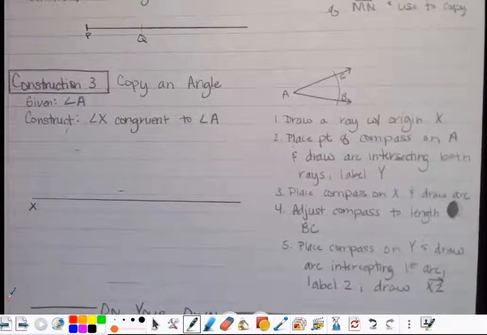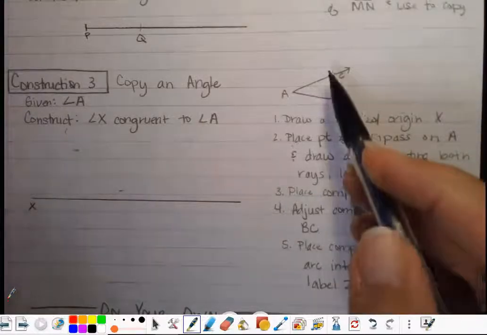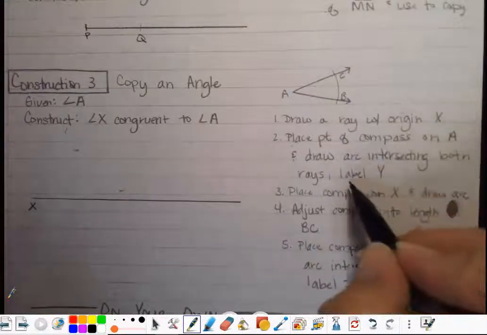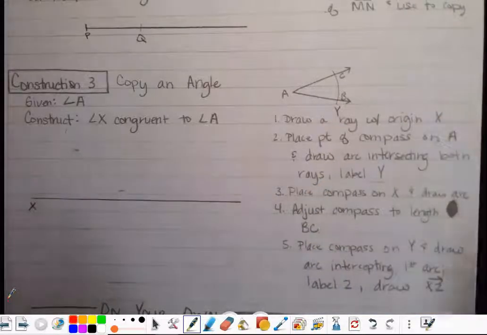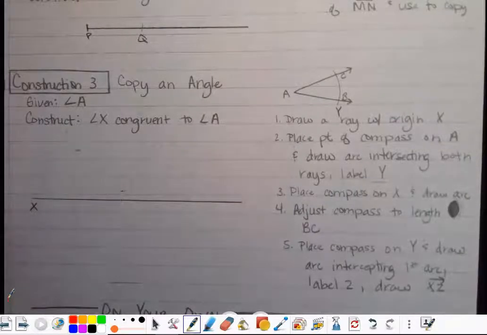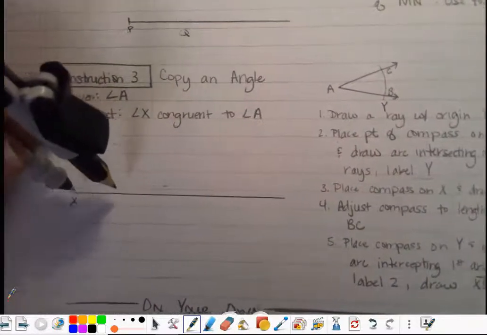Do you have this so far? Yes. Then it says label that Y. So that point there, that intersection, is Y. When I need to take that to my new line, I need to copy that down here on my new line.